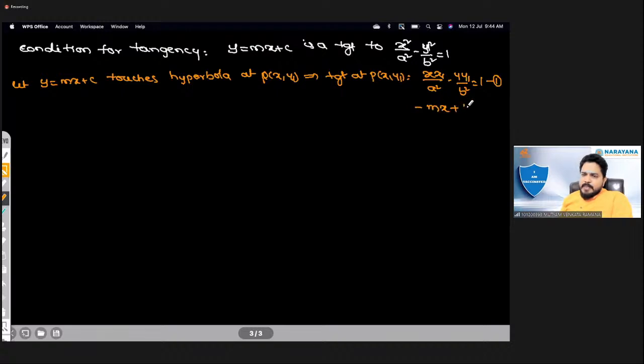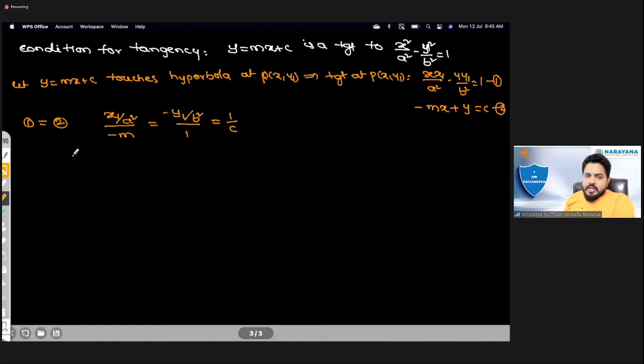Minus mx plus y is equal to c. 1 should be equal to 2, both are the tangents at the same point. So what you are going to get? x1 by a square by minus m is equal to minus y1 by b square by 1 is equal to 1 by c.